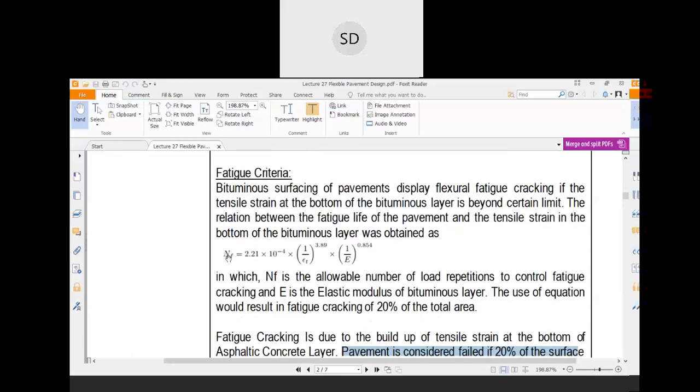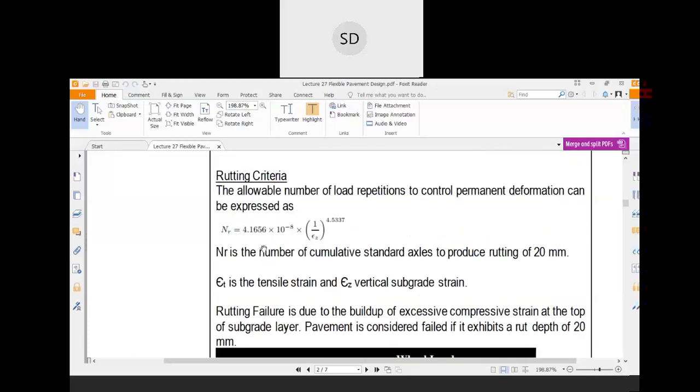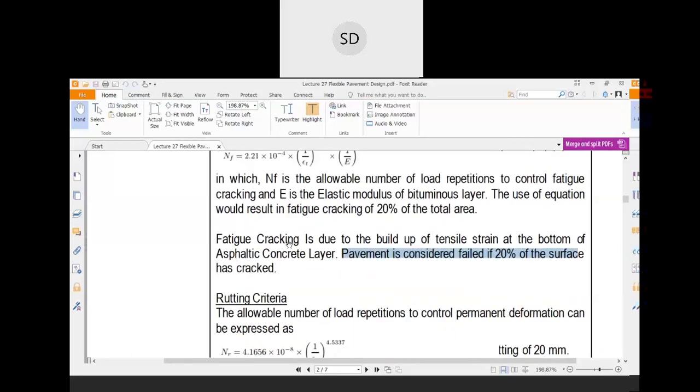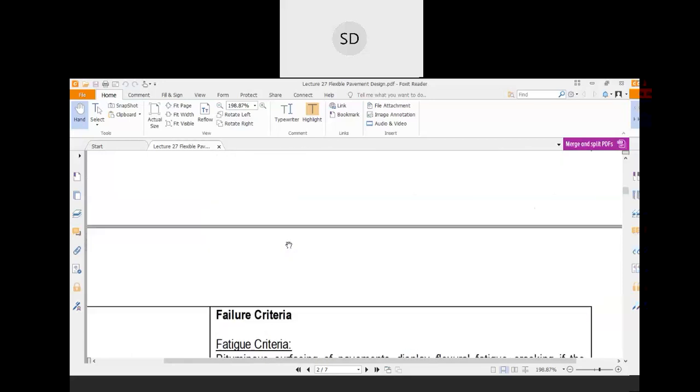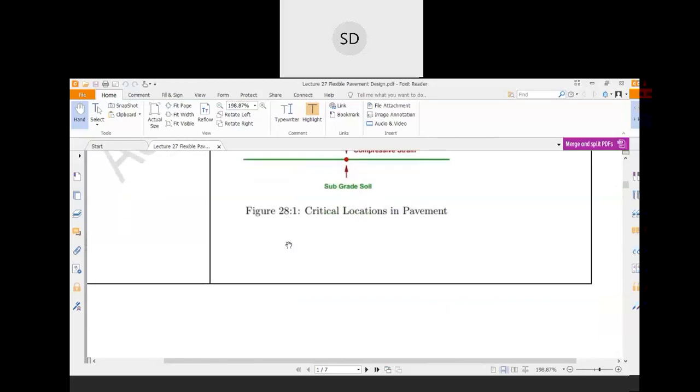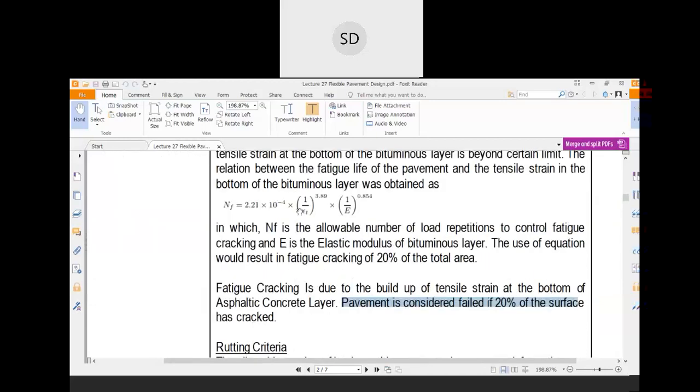Now another thing you have to remember here, whatever fatigue cracking criteria and rutting criteria formula is given, that formula is applicable for 60 to 70 grade bituminous material. Whatever values are given, like 2.21 into 10 to the power minus 4, 3.8, these values change with changes in the material characteristics, subgrade properties and other things.